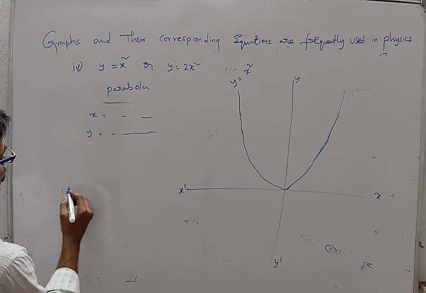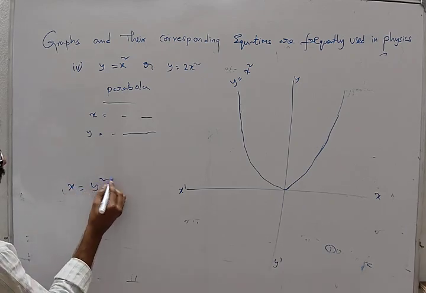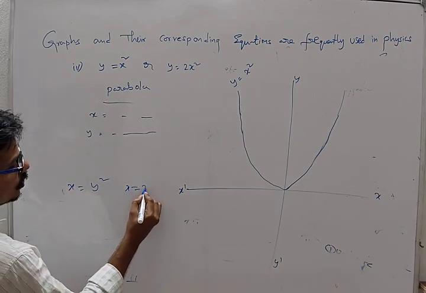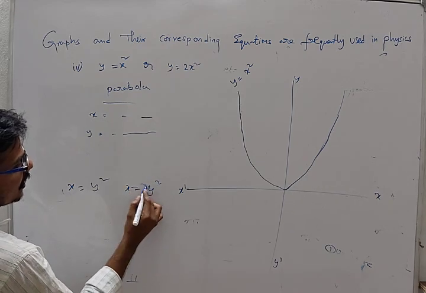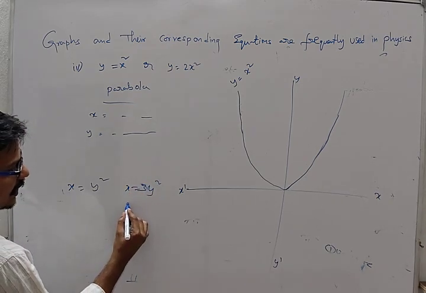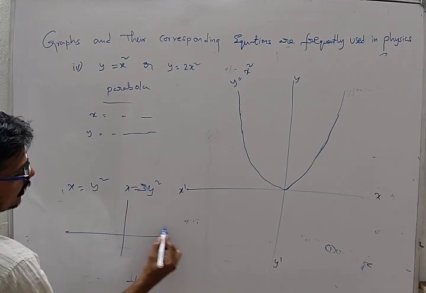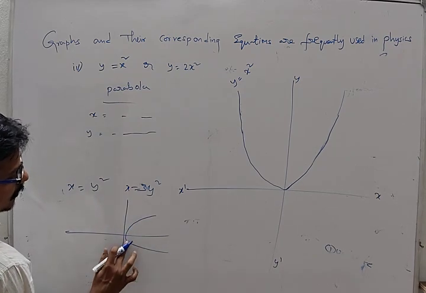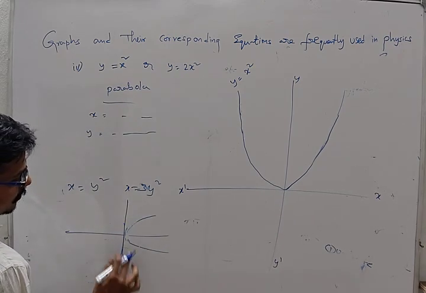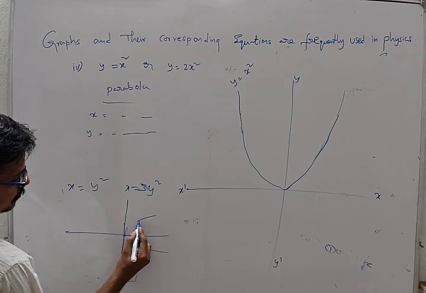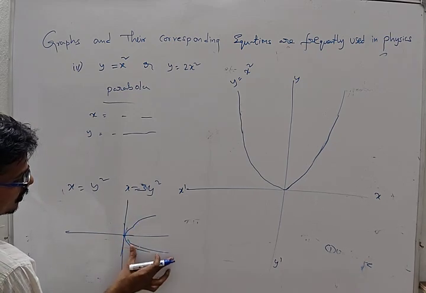Okay. Now x is equal to y square, or x is equal to 2y square, or 3y square, whatever. In that case, the graph should be like this.